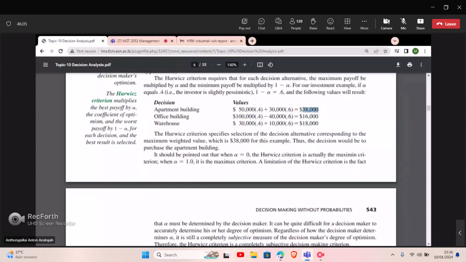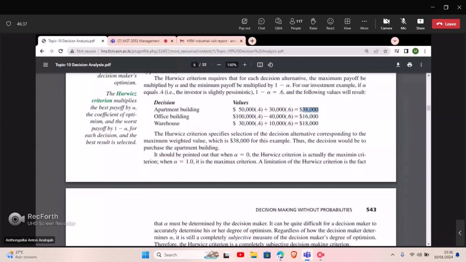And the second one similarly. Just multiply by 0.4, balance 1 minus alpha 0.6, that should be multiplied by this minimum value. Then the output is also the same. Alpha value is 0.4, therefore the maximum is 10,000. That should be multiplied by 0.4. And for the other economic conditions, that should be multiplied by the minimum.